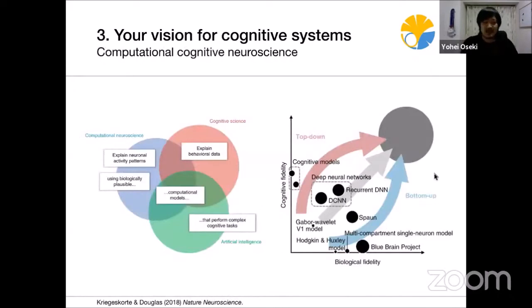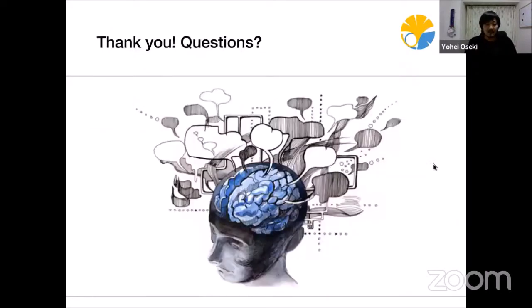In doing so, maybe we should combine traditional cognitive science of language, neuroscience and artificial intelligence to get computational cognitive neuroscience research that targets human-like language processing and language learning models by combining those three fields. That's it from me.